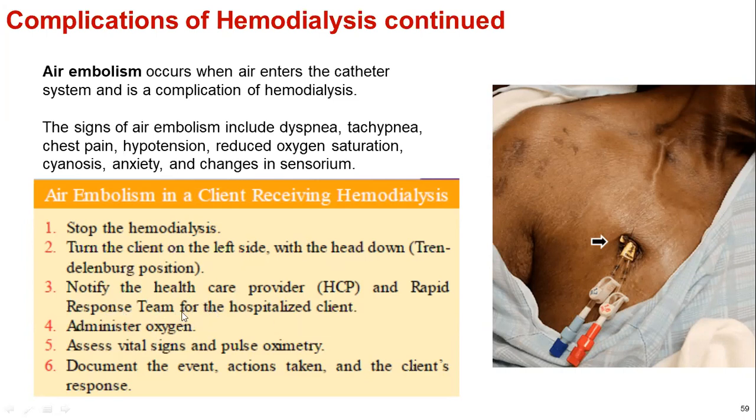Administer oxygen, assess the vital signs and pulse oximetry, and document the events, action taken, and client response. So this is the step-by-step process if your patient develops an air embolism. As an RN or LPN or healthcare provider, we have to follow this.